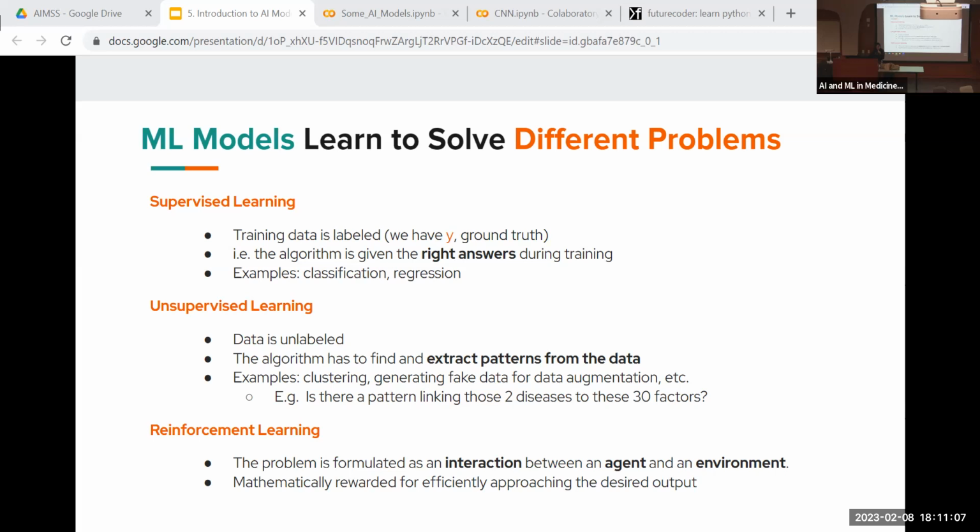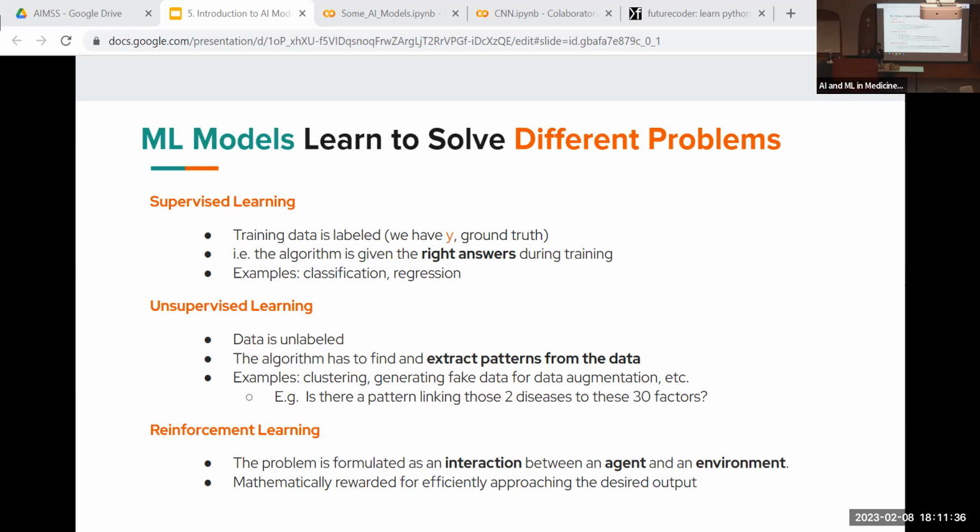An example of supervised learning problems can be classification or regression problems that we will dive into deeper later. Another set of problems that machine learning models try to solve is unsupervised learning, where data is unlabeled, so we don't know the ground truth. So what we try to do is to find and extract some patterns from the data.